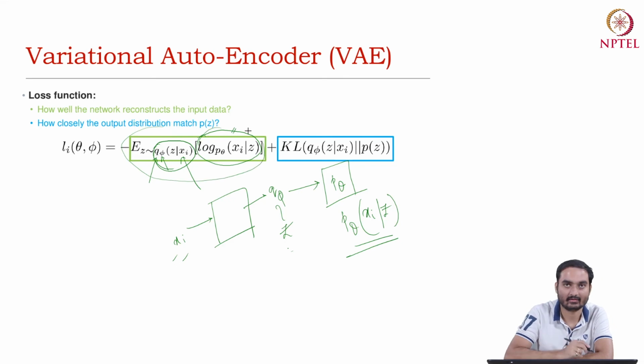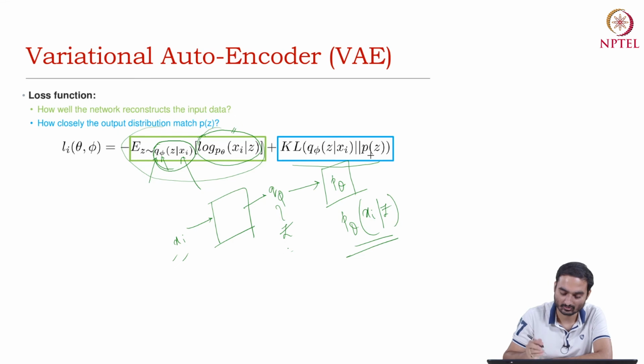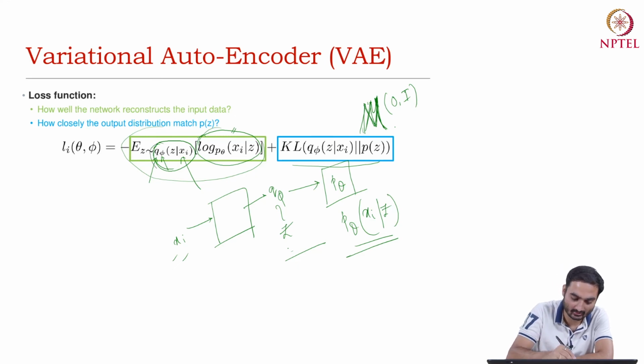This is the first loss term, and the second loss term is, as I mentioned, that VAE aims to come up with a distribution which is a Gaussian distribution, N. So it tries to see how good the distribution that you obtained from the encoder is and how well it matches the Gaussian distribution.